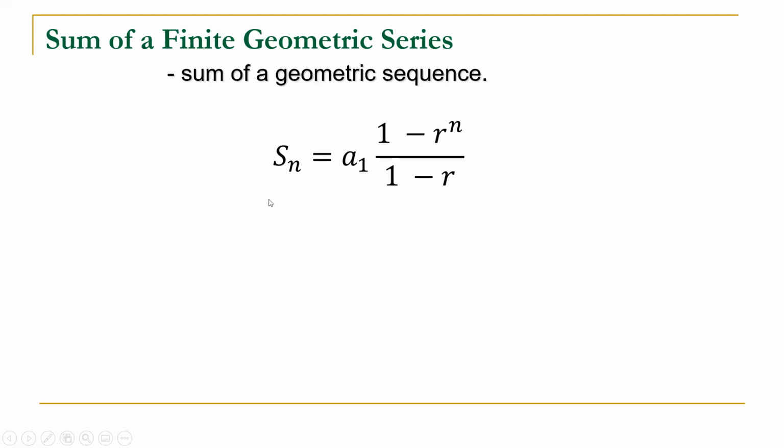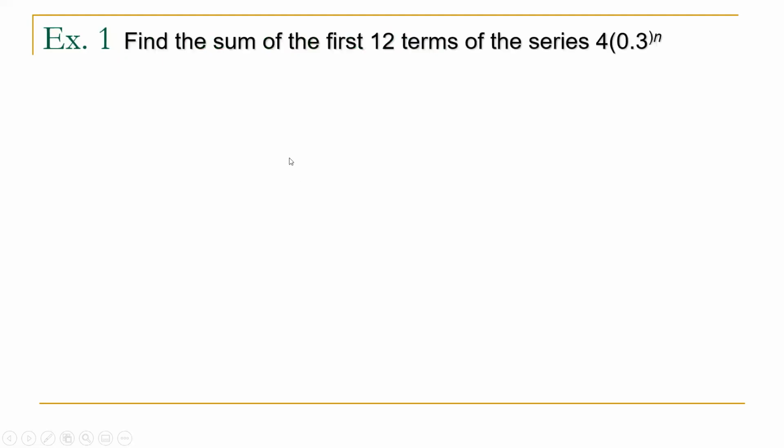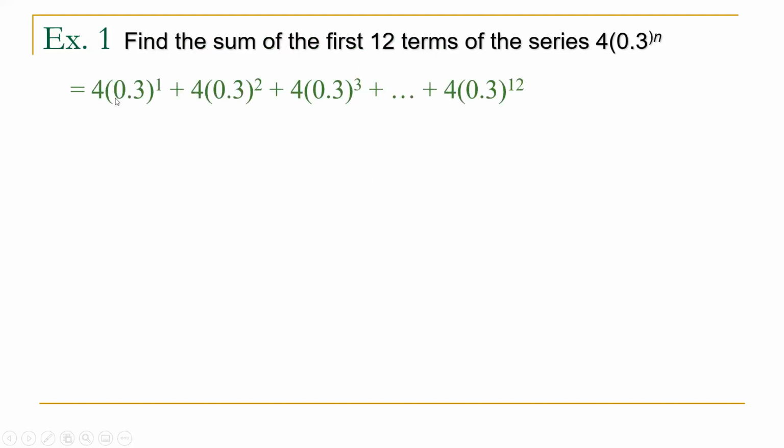Okay? So let's have an example. Find the sum of the first 12 terms of the series 4 times 0.3 raised to n. Okay? So ang gagawin lang natin dito, ilista muna natin lahat ng terms. So we have here 4 times the quantity of 0.3 raised to 1 for the first term, and for the second term, lalagyan nyo lang ng value ng term or number of terms, itong n.